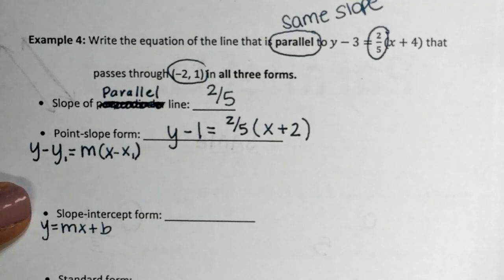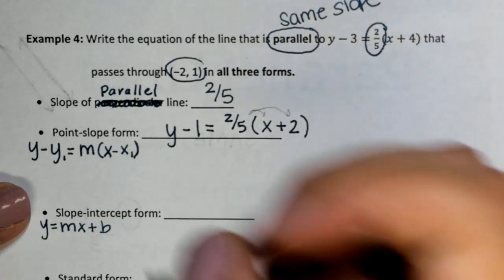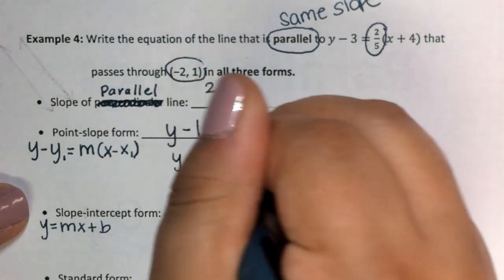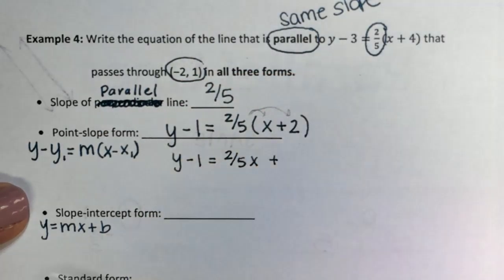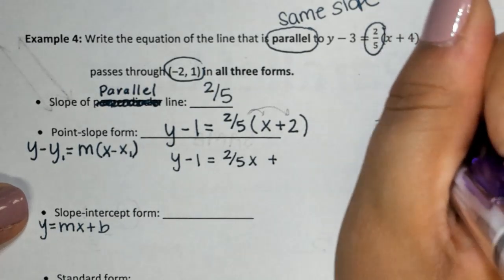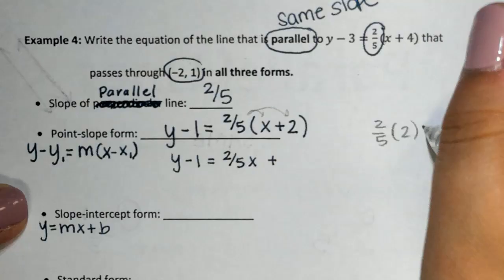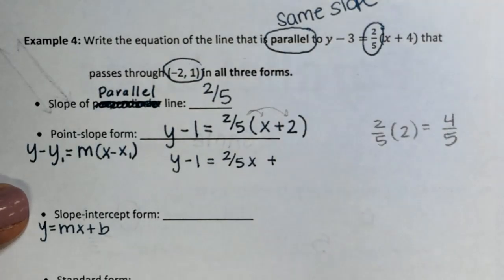I want that parentheses gone. So what am I going to have to do? Distribute. So that's going to leave me y minus 1 equals 2 over 5x plus, what is 2 fifths times 2? 4 over 5. That makes sense?